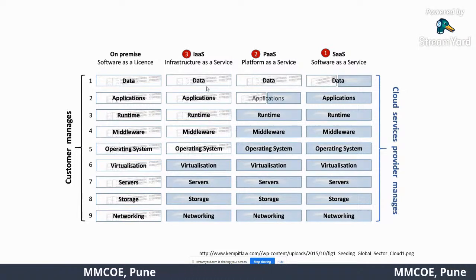On infrastructure as a service, the cloud service provider manages server, storage, networking, and virtualization, whereas the customer can have control over the applications, runtime, middleware, and OS. So if you are looking for cloud services, you can choose one of these three depending on your requirement, and then the cloud service provider can provide you services.